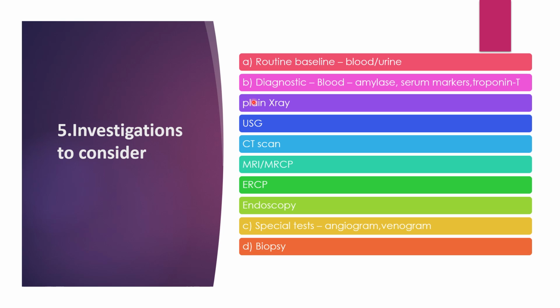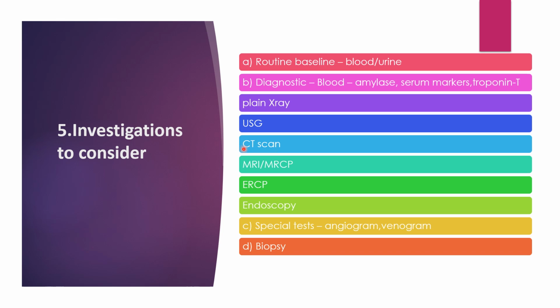Next is plain X-rays. These are very commonly used, and often provide some useful information which can lead you to decide what further investigations you want to do. Next is ultrasonography or ultrasound scan, which is also a very important and useful initial examination, as it is very convenient, easily available, and also cost effective.